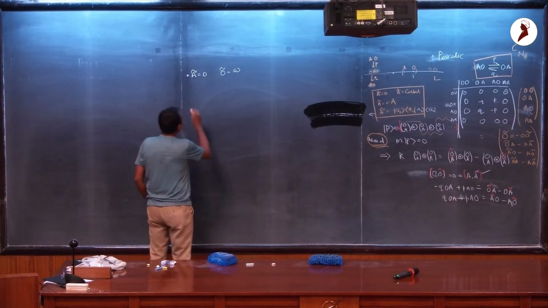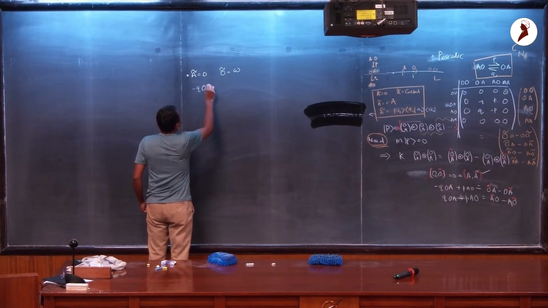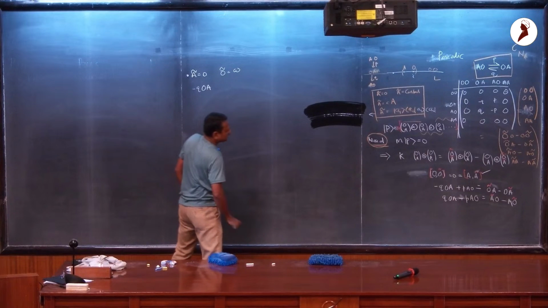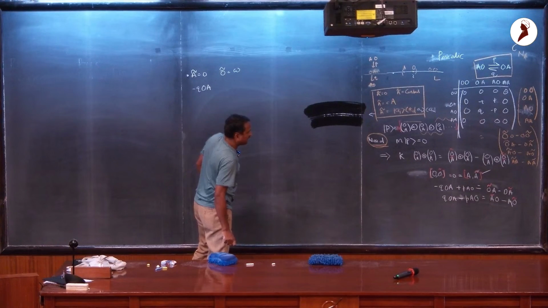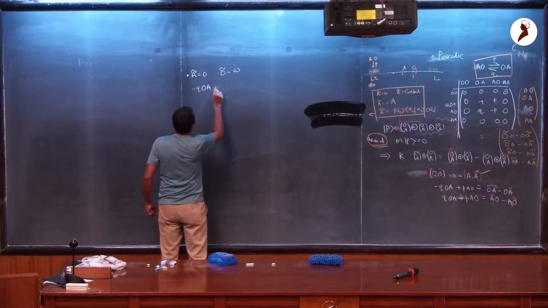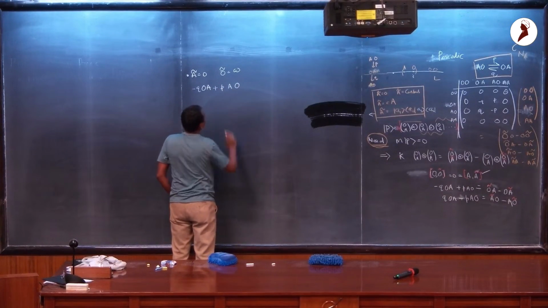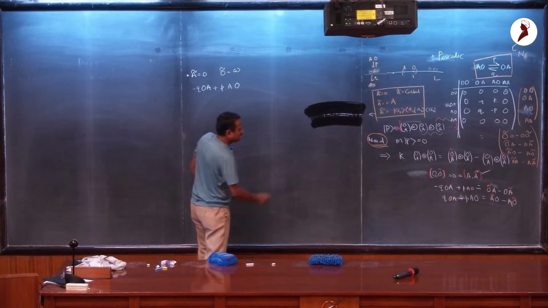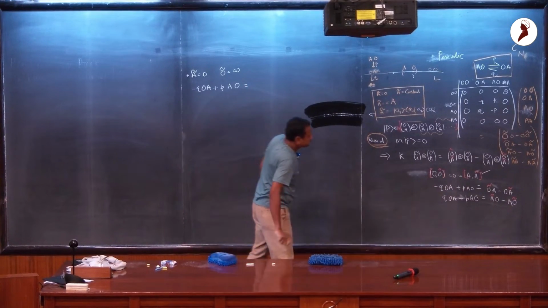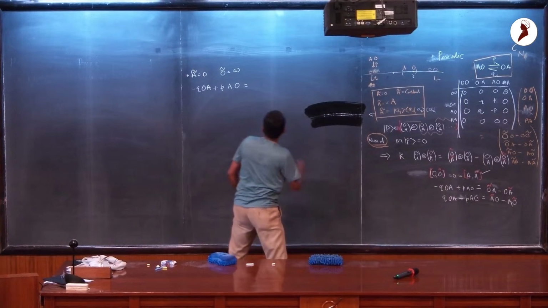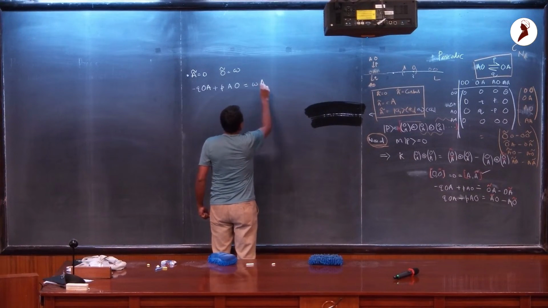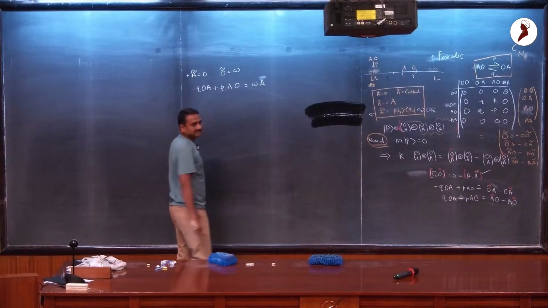So minus QOA plus PAO, equal to omega A. Omega A, that's the equation.